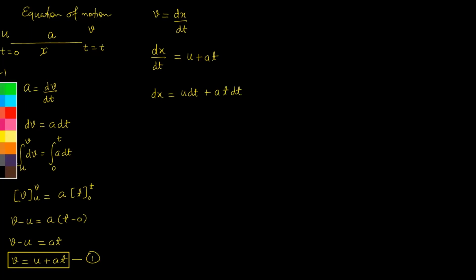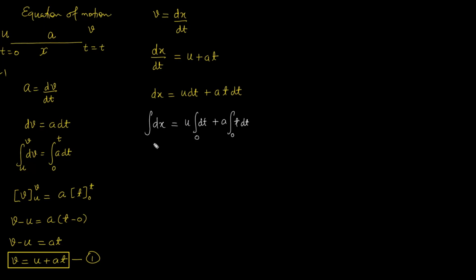Now integrating both the sides. Integration of dx, integration of dt, integration of t. Now remember that when time is 0, the initial displacement is 0. We are considering it is starting from x equals 0.